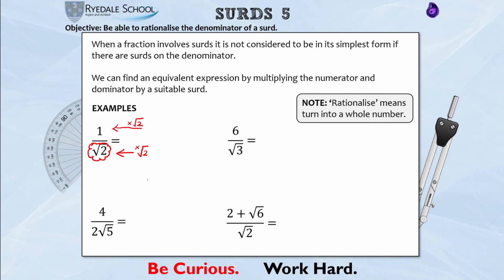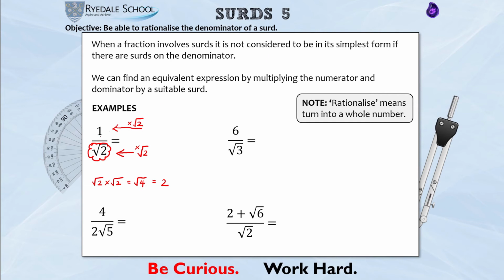then we will end up with the square root of 2 times the square root of 2. And the square root of 2 times the square root of 2 is the square root of 4, and the square root of 4 is a whole number, 2. So we are just timesing root 2 by itself, and that will rationalise the denominator.